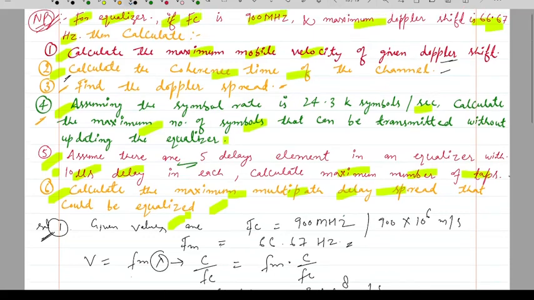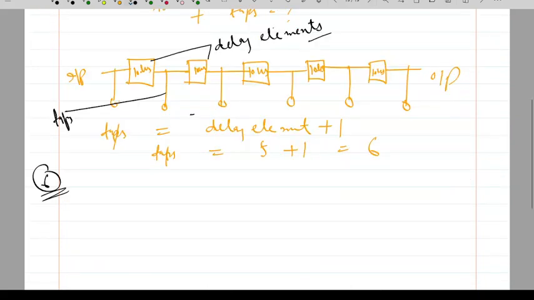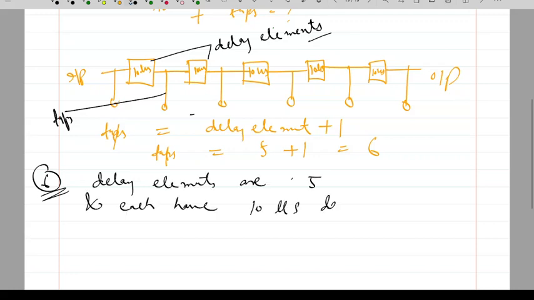Here we calculate the maximum multipath delay spread that could be equalized. How much maximum multipath delay spread could be equalized? According to this 5th part, the total number of delay elements is 5 and each has 10 microsecond delay.